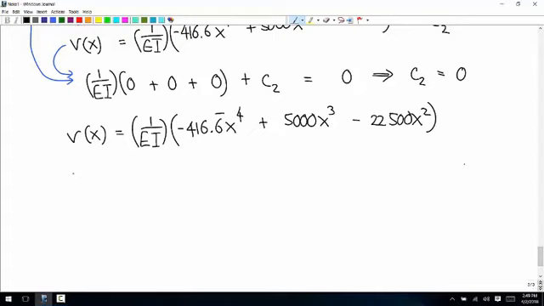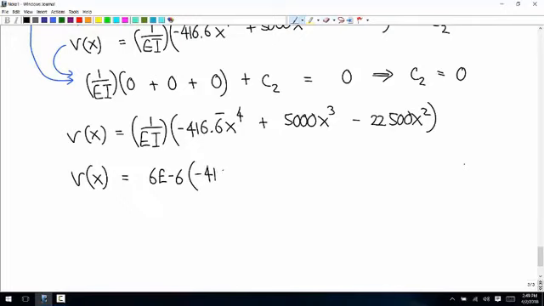First one is negative 6.9. All right, so you got negative 2.5 times 10 to the negative 3 x to the 4th for that first term. Okay, 6 times 10 to the minus 6. And then all these are just the, okay.